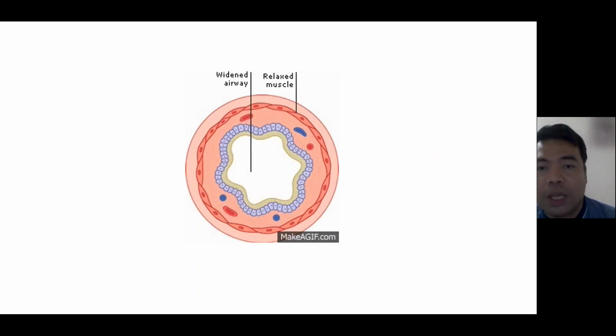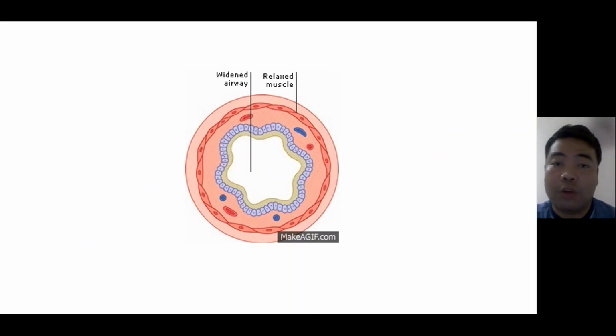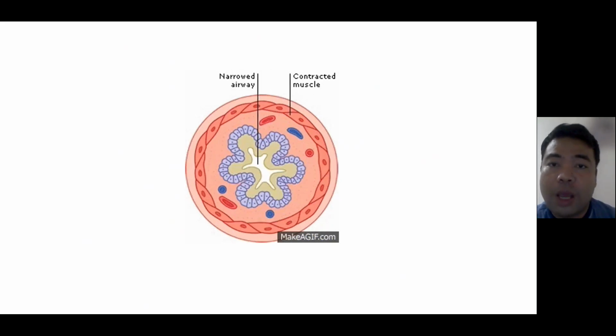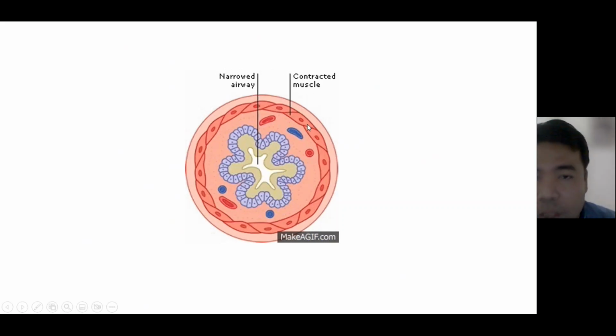For those who have asthma, if you have a severe asthma attack, and also for those patients who have chronic obstructive pulmonary diseases, the smooth muscles of the bronchioles become very, very sensitive.